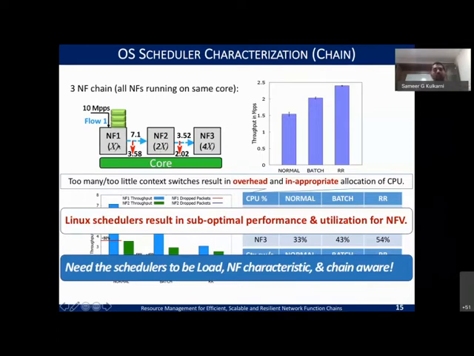You don't want NF1 to keep processing the packets while NF2 never gets scheduled, and likewise in the chain. So all these requirements need to be met in the Linux schedulers so that you can precisely schedule the network functions. These are the characteristic changes that we now need to incorporate over these vanilla Linux schedulers.